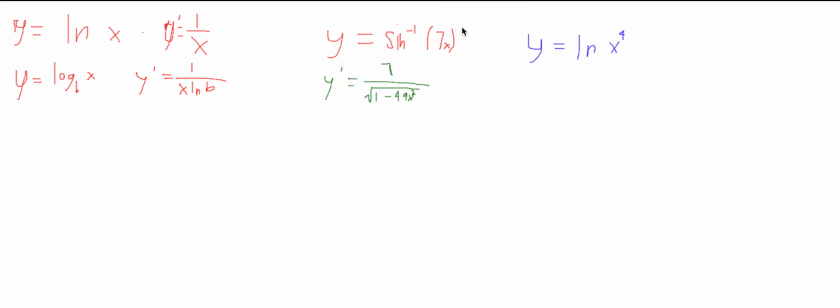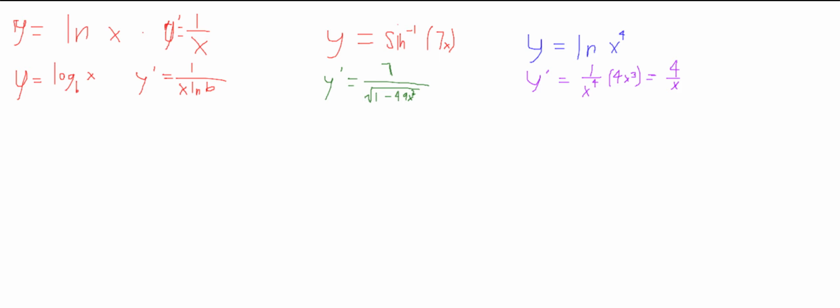If we use the chain rule, we can rewrite this as y prime equals, now we've got ln, which is going to be 1 over x to the 4th, times the derivative of the inside, which is going to be 4x cubed. And this is going to be the same as 4 divided by x.